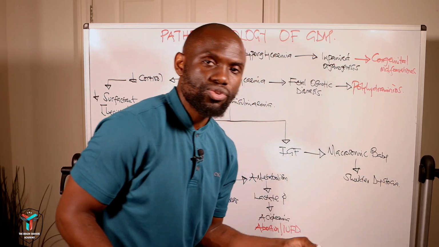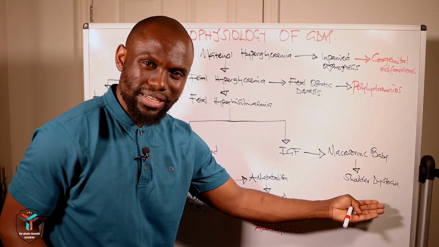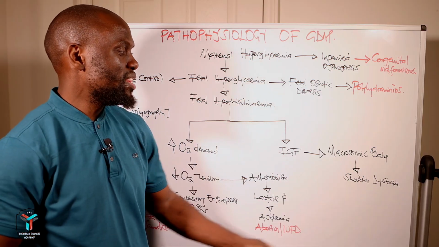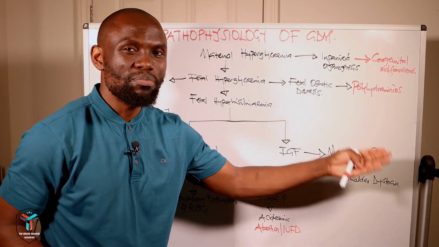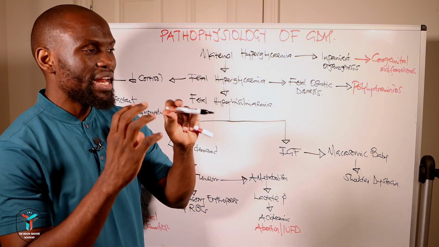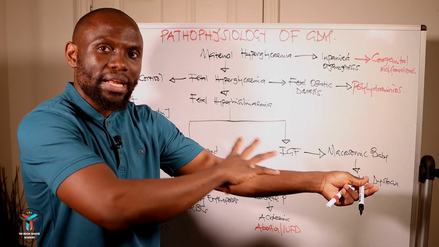When you end up with shoulder dystocia, it means there's going to be manipulation to try and deliver those shoulders. As we try to deliver those shoulders, there can be injury to the brachial plexus. The brachial plexus is just a bunch of nerves emanating from the back and coming to supply the hand.